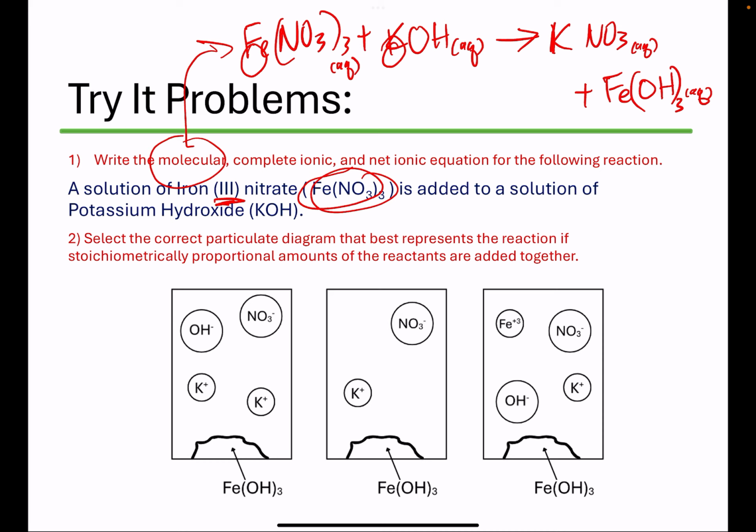Okay, now we have 3 OHs, then we're also gonna have 3 of the potassium hydroxide. So we should have 3 of the K, and it matches up, right? Because we have 3 NO3, 3 NO3, 3 K, 3 K, 3 OHs, 3 OHs. So this is gonna be our balanced molecular equation.